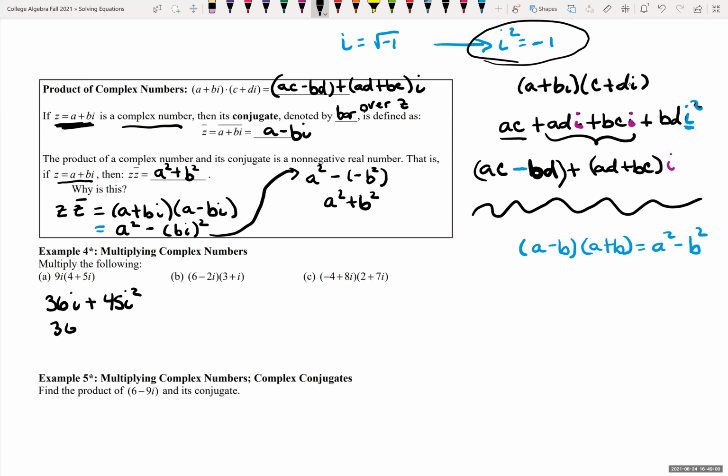So this is 36i minus 45. A lot of times it's going to ask you to put this in standard form. This is not quite in standard form because it's not the real part plus the imaginary part. So you're just going to rewrite the order. Just be careful and carry the signs in front. So this is the same thing as -45 plus 36i.